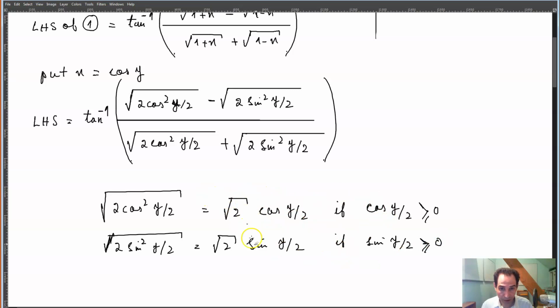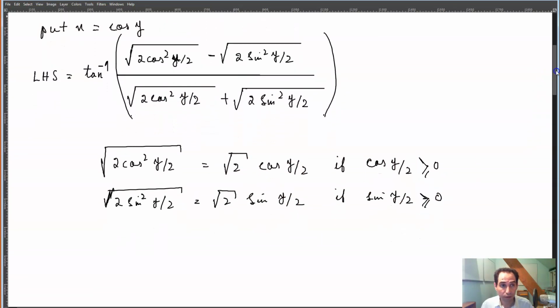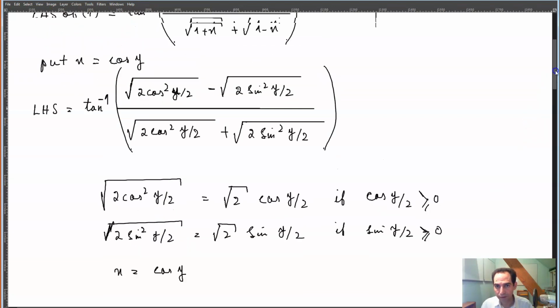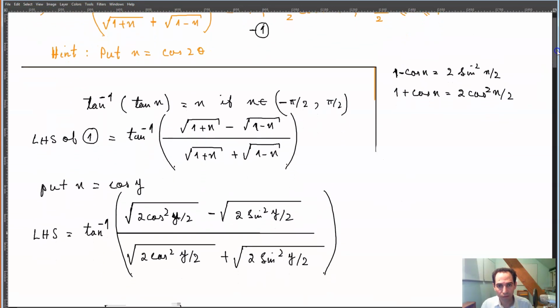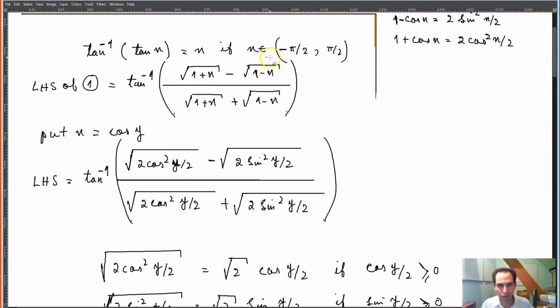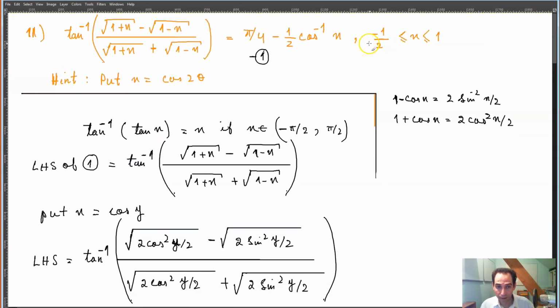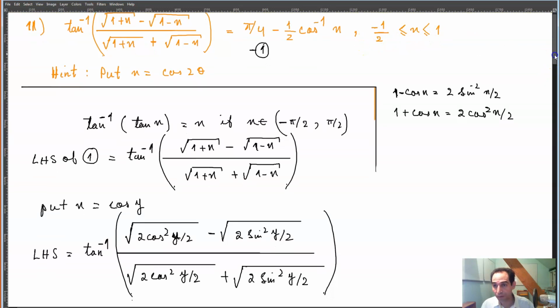Now, in order to decide these two things, we need to note that we defined x as the cos of y, and then what we had as a condition was that x belongs to this interval, not this interval, but negative 1/2 to 1.